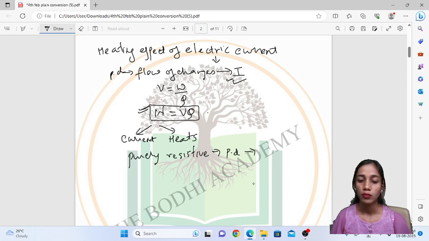Then the entire energy will go only into heating, and the energy will get wasted. You will have no current. Okay, so this is the heating effect of electric current.